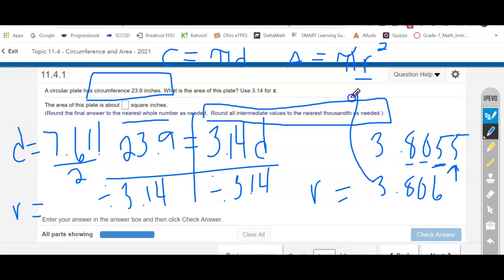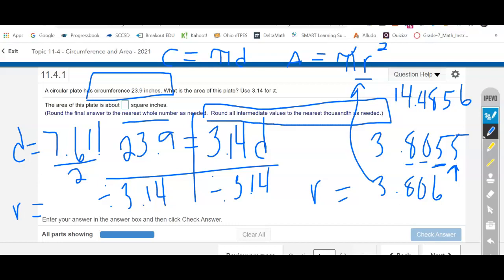Now I can plug that 3.806 in for R, which means I'm going to go 3.806 times 3.806. And when I square that, it gives me 14.4856.